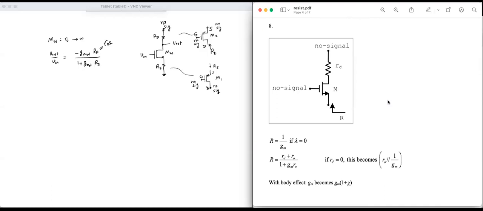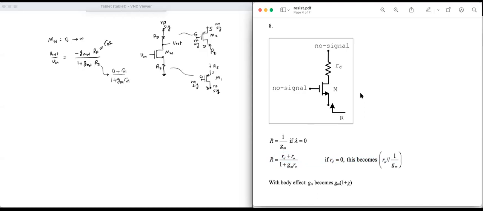So small RD is 0. It means that RS is given by the formula 0 plus RO of M1 divided by 1 plus GM1 RO1. That's the formula that we get from the formula sheet.